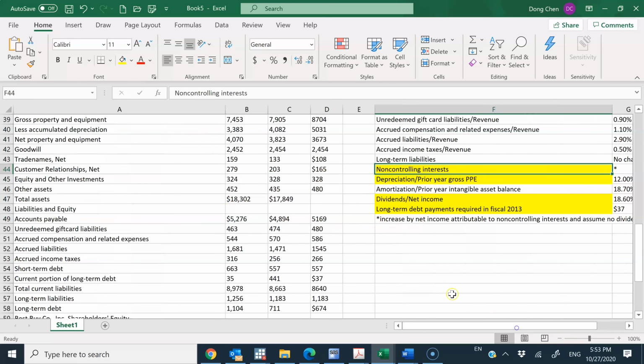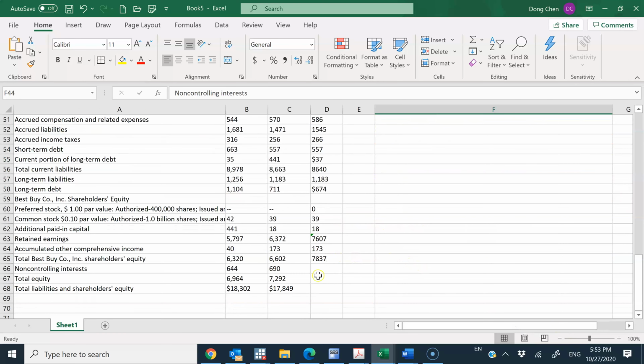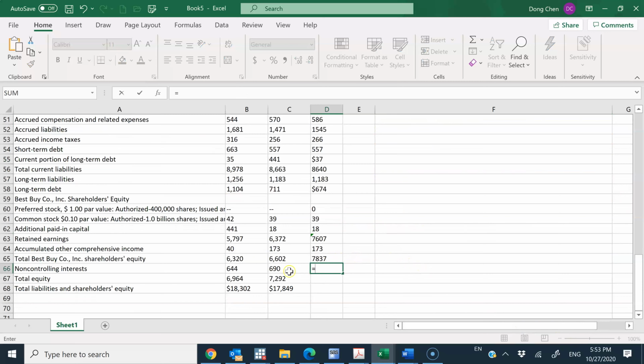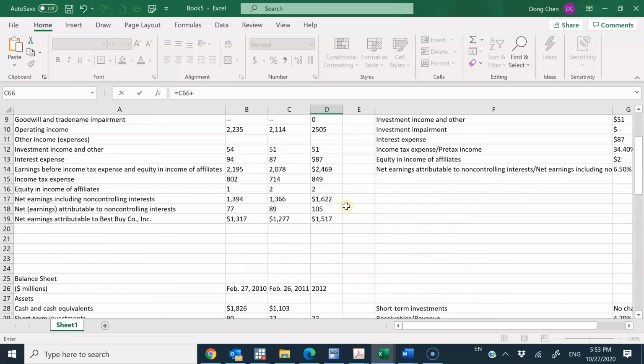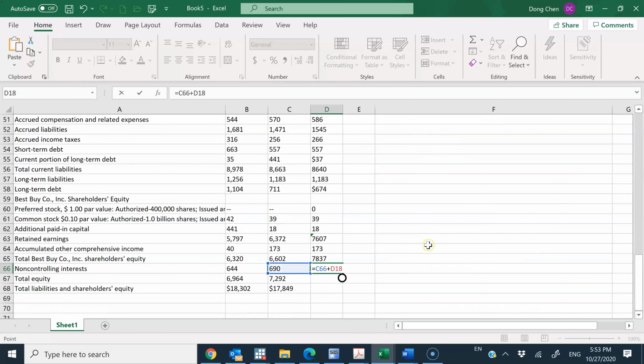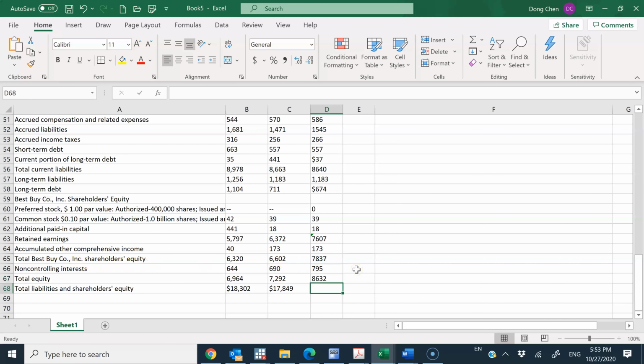So basically it means that the non-controlling interest will increase by something on the income statement, which is net earnings attributable to non-controlling interest. So this is 105 here. So that's the new non-controlling interest. Now the total equity is basically the sum of the total Best Buy Co's shareholders' equity and this non-controlling interest.